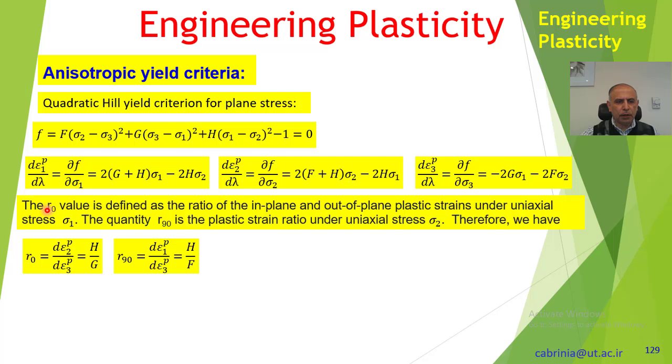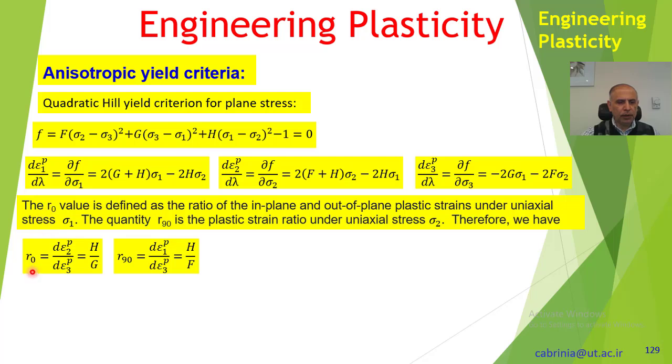Therefore, for these equations, we obtain the R0 value and the R90 value. R0 is the R value in the direction of rolling, and R90 is the R value in the direction perpendicular to rolling. In order to do that, we have to get the ratio of the in-plane and out-of-plane plastic strains under uniaxial stress sigma 1 for R0, and for R90 the plastic strain ratio under uniaxial stress sigma 2.